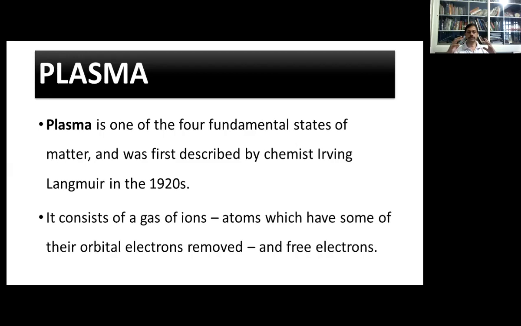It consists of a gas of ions, that is the atoms which have some of their orbital electrons removed, and free electrons. From an atom, when an orbital electron is knocked out, it becomes excited and becomes ions. So such ions are present here. At the same time, there will be free electrons also.